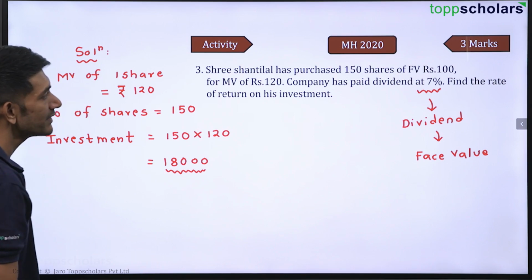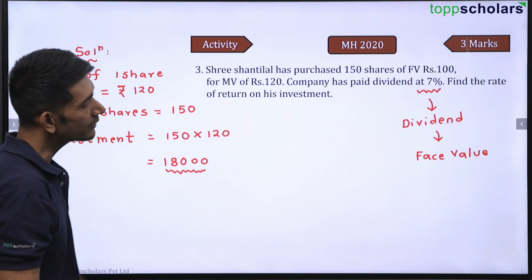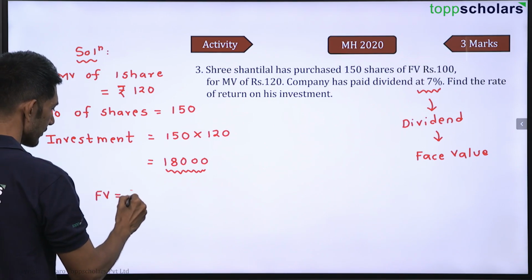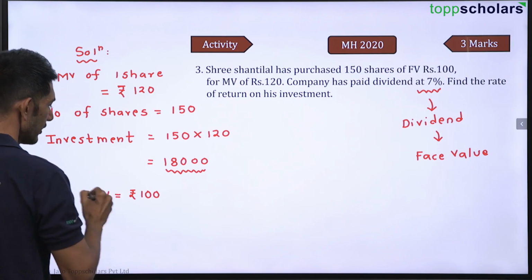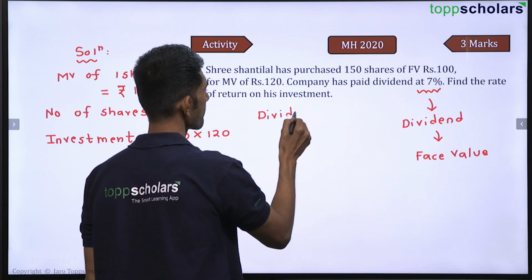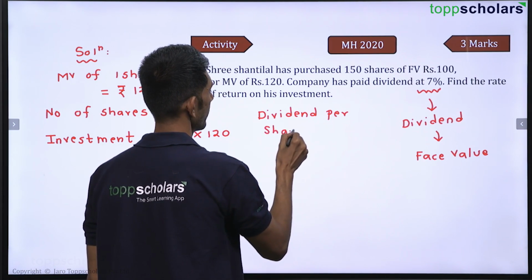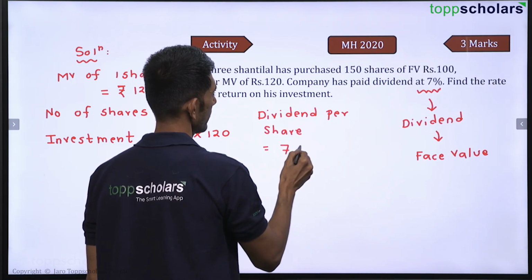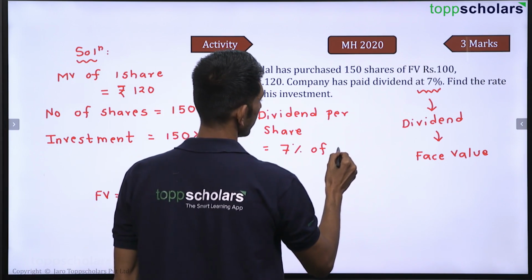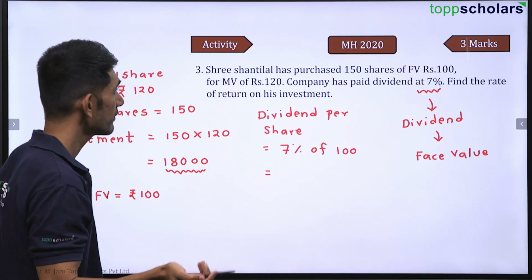Okay. Now how much is the dividend? The dividend is 7%. What is the face value? The face value is rupees 100. So dividend per share will be how much? 7% of 100 rupees, right? 7% of 100.